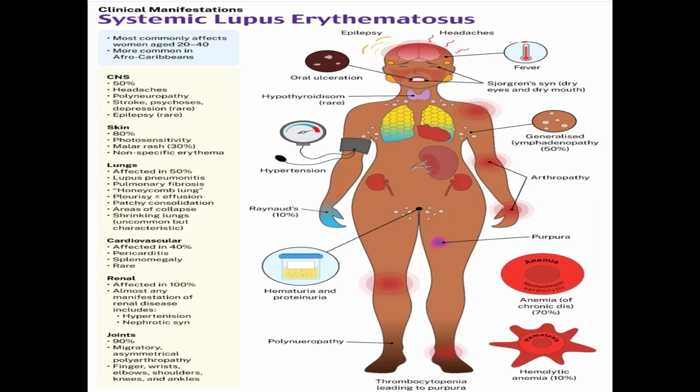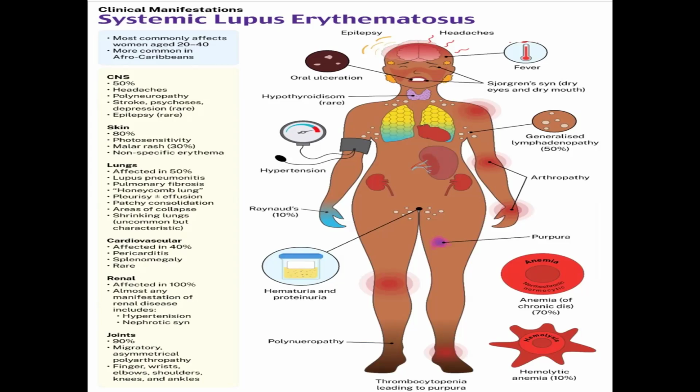Cardiovascular, affecting 40% of the patients. Pericarditis, splenomegaly. Renal, affected in 100% of the patients. Almost any manifestation of renal disease, including hypertension and nephrotic syndrome. Joints are affected in 90% of the cases.